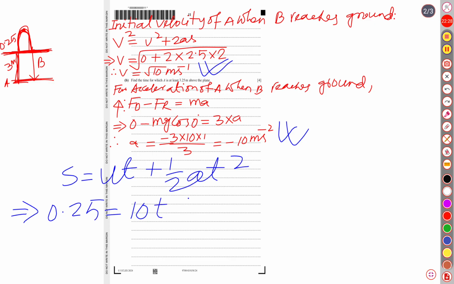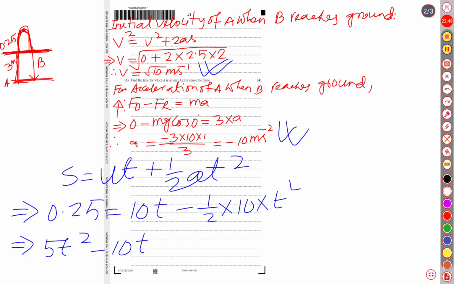It is no more positive because acceleration was negative, so negative half of 10 into t square. If we simplify this, 5t square minus 10t plus 0.25 is equal to 0.